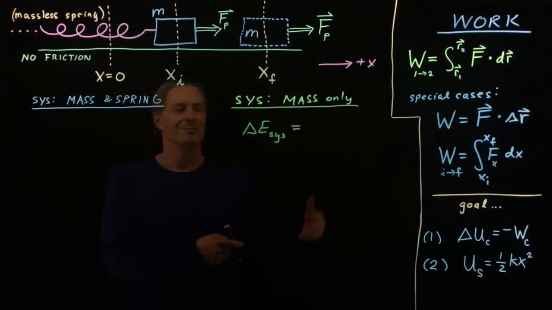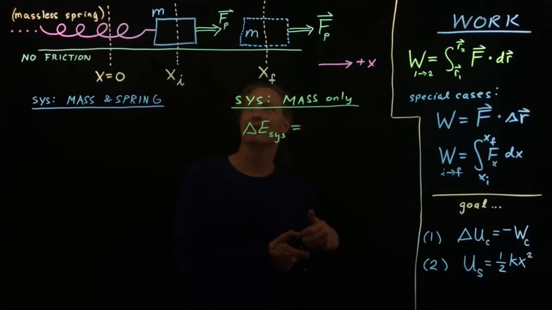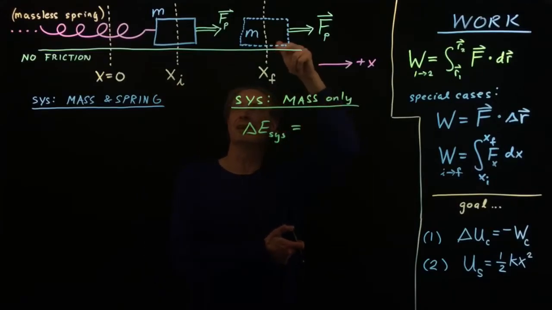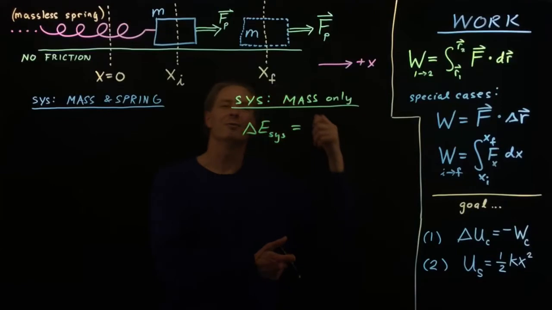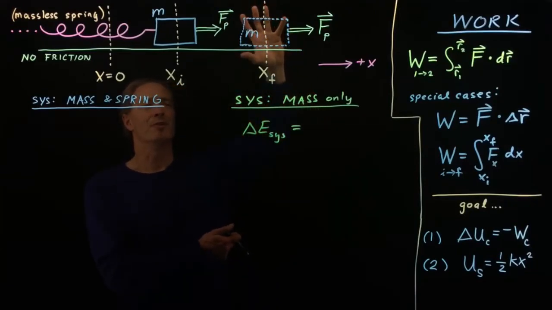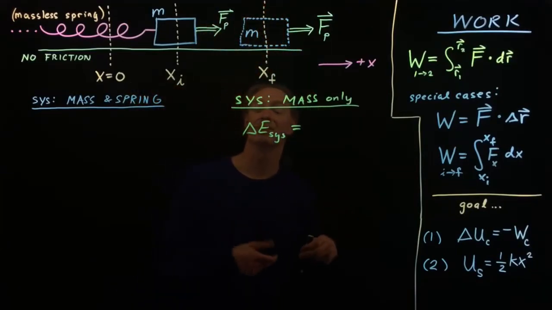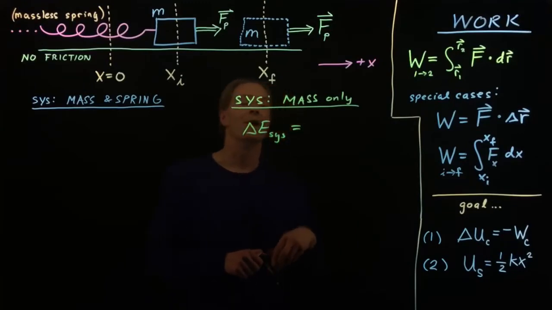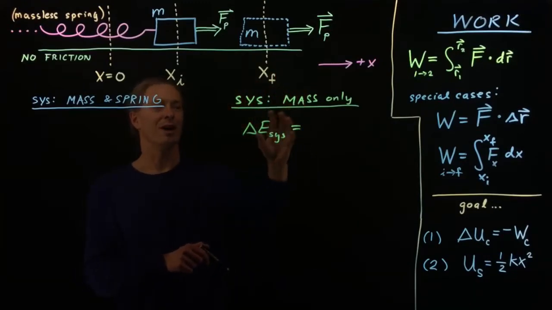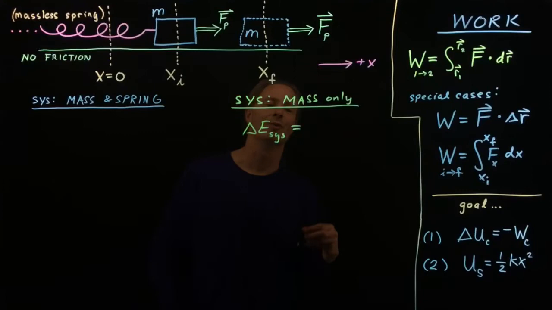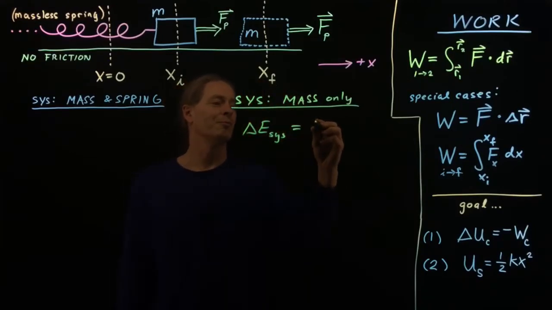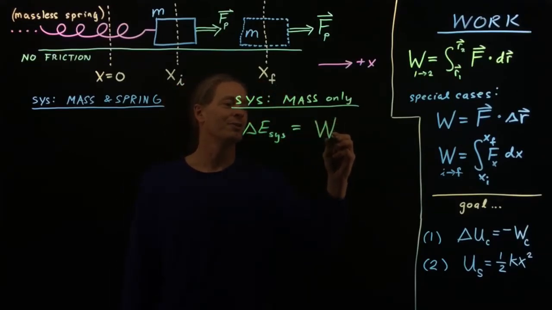Well, radiation and heat are not factors here. I'm not worried about shining light on this and changing the situation. I'm not worried about warming it up and having things change. Clearly, those are not important in this situation. But the work done by agents outside the system is important. Well, I've got the work done by the pulling force.